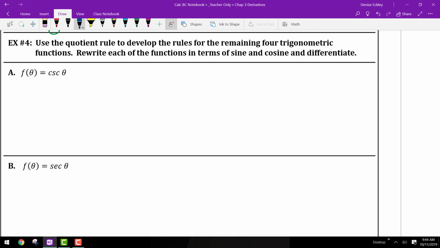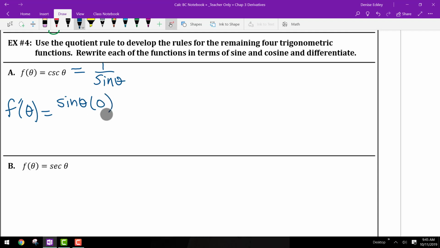So the first one is cosecant. Now cosecant of theta is 1 over sine theta. So if we are going to differentiate, we're going to take f prime of theta, and we're going to take the value, the second function, the denominator, times the derivative of the numerator, which is a constant, so its derivative will be 0, minus the numerator times the derivative of the denominator.